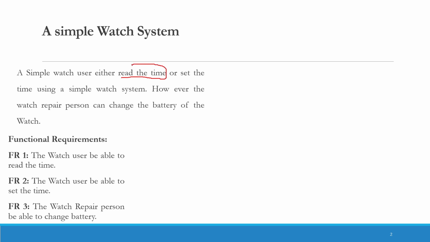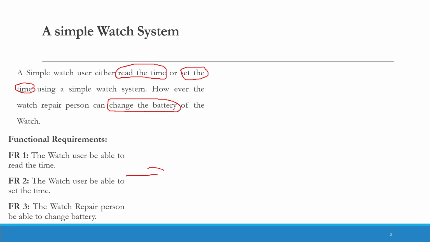The second functional requirement is that the watch user is able to set the time. The third functional requirement is that the watch repair person is able to change the battery. These are the expected services from the given user requirement.